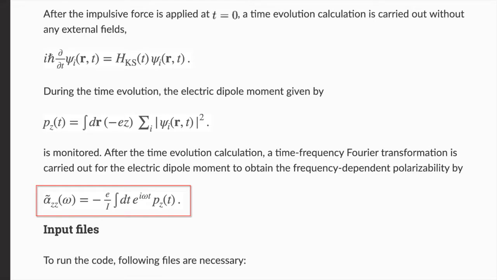Now let us calculate the polarizability of the acetylene molecule using Salmon. It is assumed that the ground state calculation of the acetylene molecule has been completed in exercise 1.